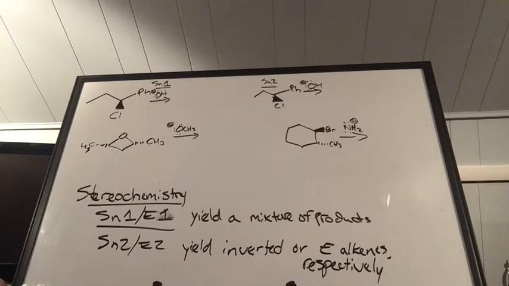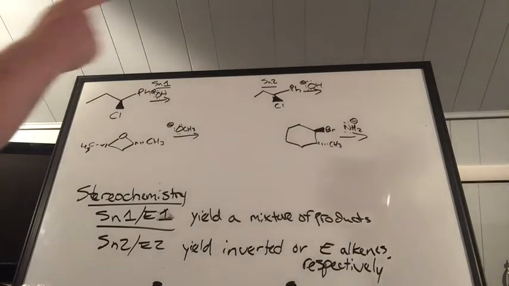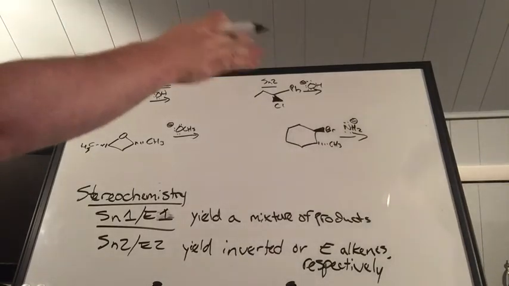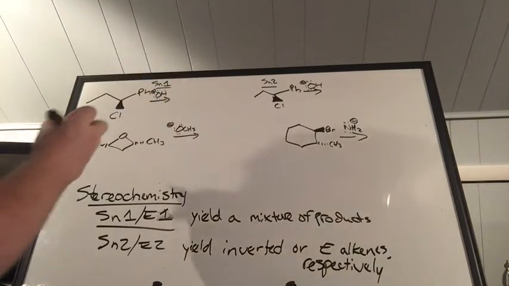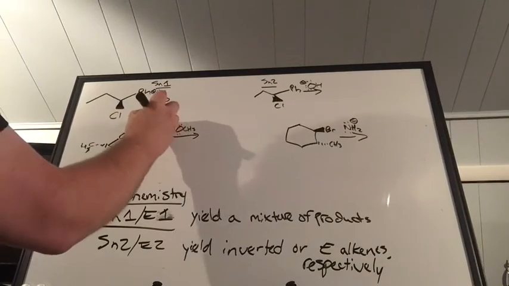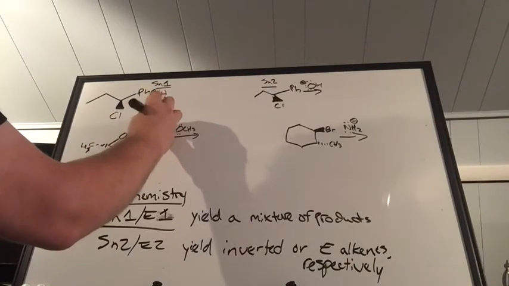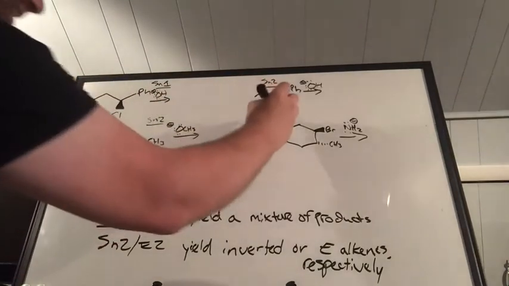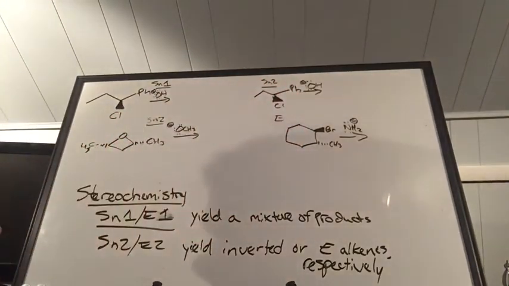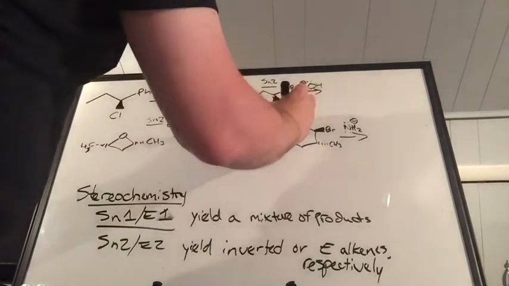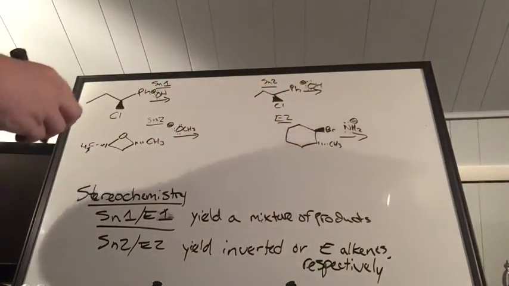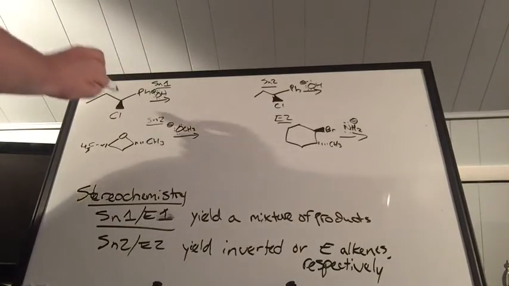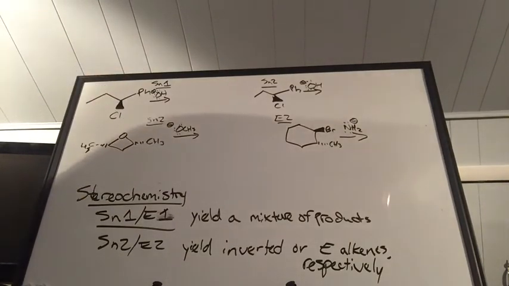Okay, so let's figure out what the products are for each one of these particular reactions. So this is going to be SN2. This is going to be SN1, this is going to be SN2, this is going to be SN2, this is going to be E2. All right. So with an SN1 reaction, remember that heterolysis step has to leave first, so you're going to have a carbocation intermediate.